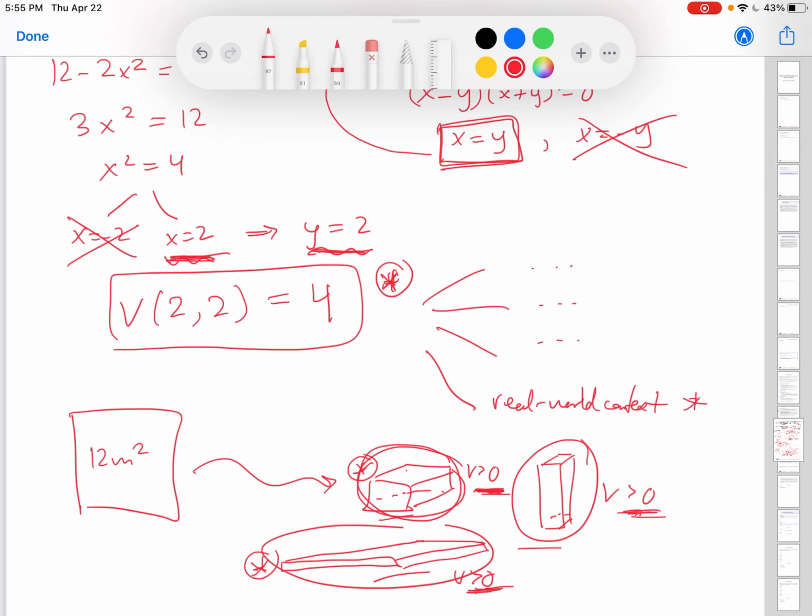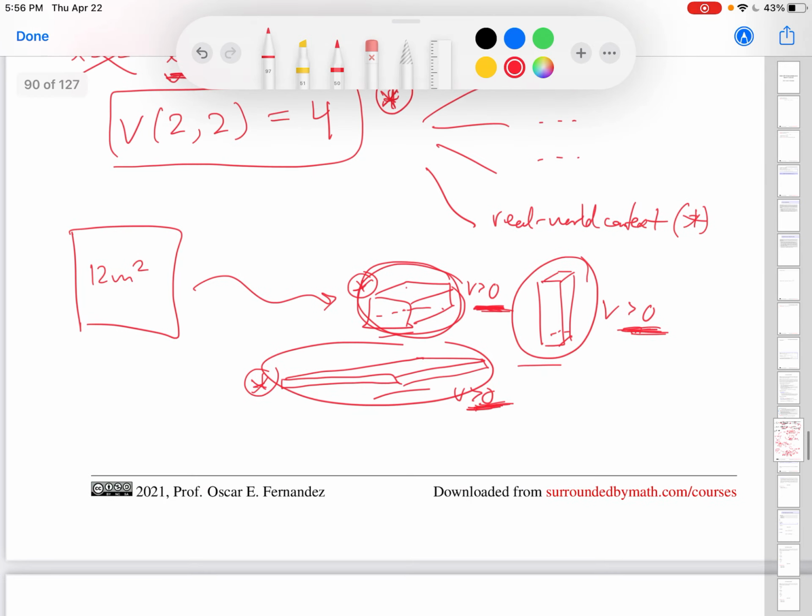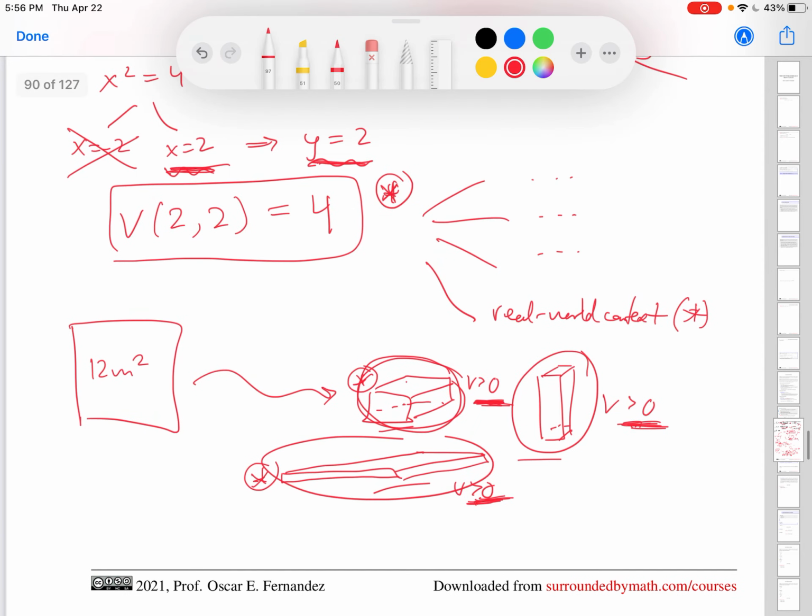So this is using the real world context of the problem, knowing that there is a box with a maximum volume, given that there's all sorts of different boxes we could construct, which we have all reason to suspect have different volume values, and that these are all positive numbers. So this is the argument that I'm going to take here, just to again expose you to a different way to make the case.